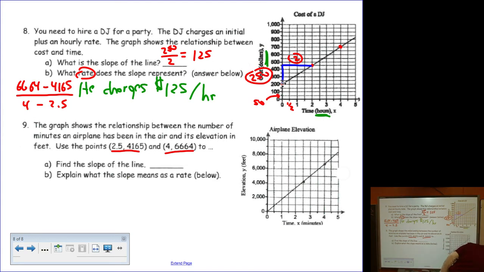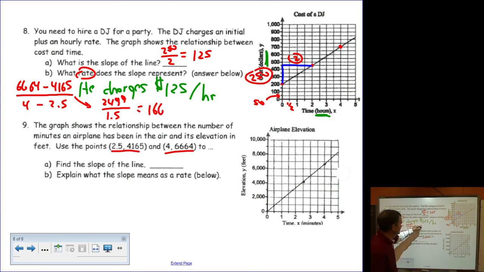And when I go ahead and subtract that, 6664 minus 4165 gives me 2499 over 1.5. And if I divide that, I get 1,666. The slope of this line is 1,666 using the slope formula.